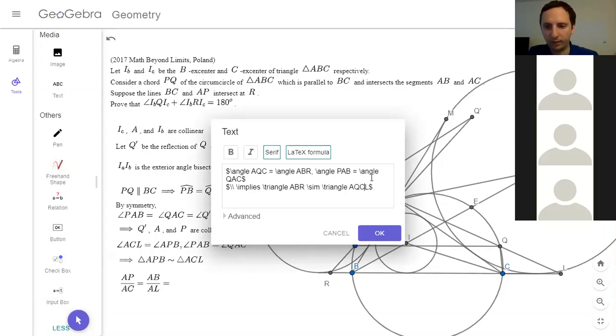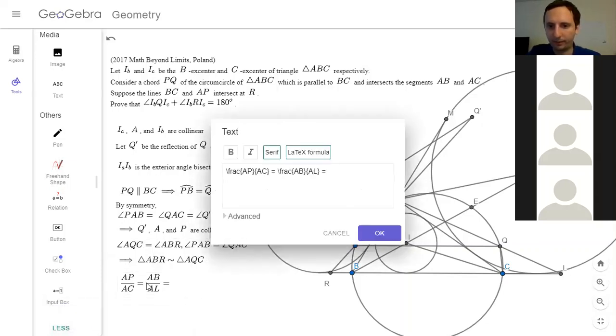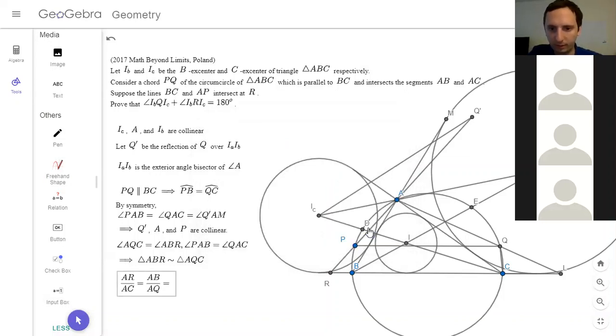and so that means triangle ABR is similar to triangle AQC, and now I think it gets a little easier because that means that AR over AC is AB over AQ. Is that right? Yeah.